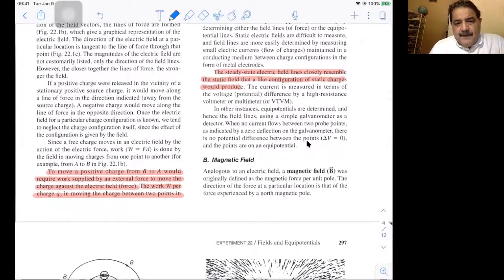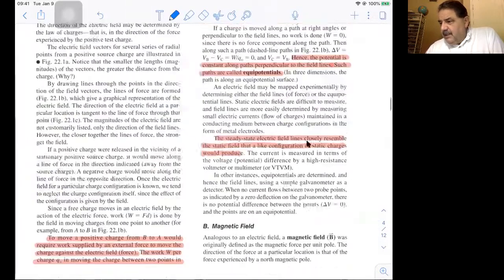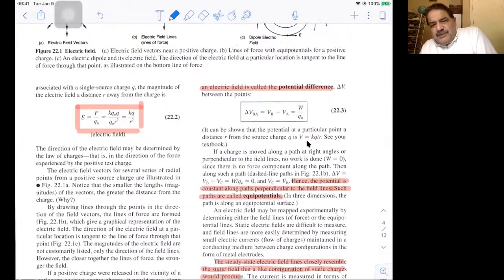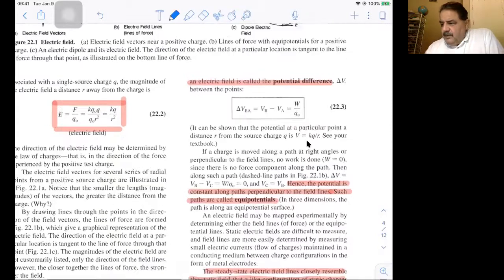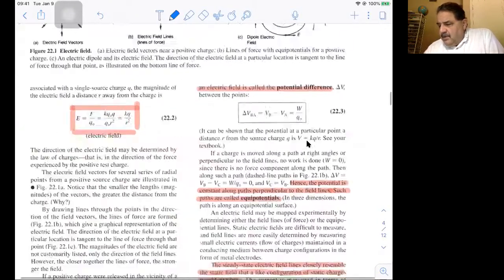The work W per charge Q naught in moving the charge between 2 points in an electric field is called the potential difference, delta V. And we're going to get to that in a future lecture. But here, delta V B to A is equal to VB minus VA, which is equal to work divided by the unit charge, or the Q naught.